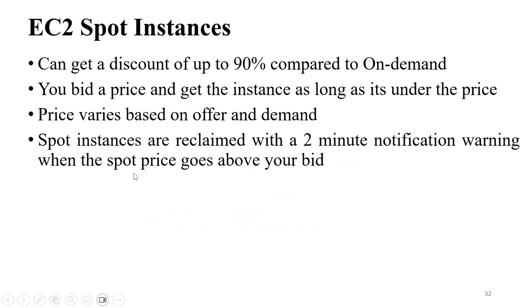Suppose in regions like Mumbai, there is no demand for spot instances. Then I can bid a low price and I will get it. But in US-based regions, there is high demand, so more bidding is required. They have given this offer based on demand. Suppose you go for UAE-based regions, nobody uses AWS that much in those countries.